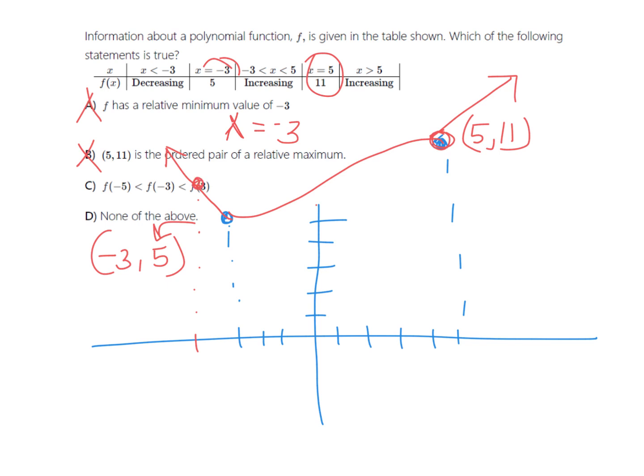It says it is less than f of negative 3. No, actually that value is greater, because f of negative 3 is here, so I'm not even going to check the other one. So none of the values is correct, and I'm going to say none of the above. And that's how you can sketch it and check all the statements which are given, and that's what to do.